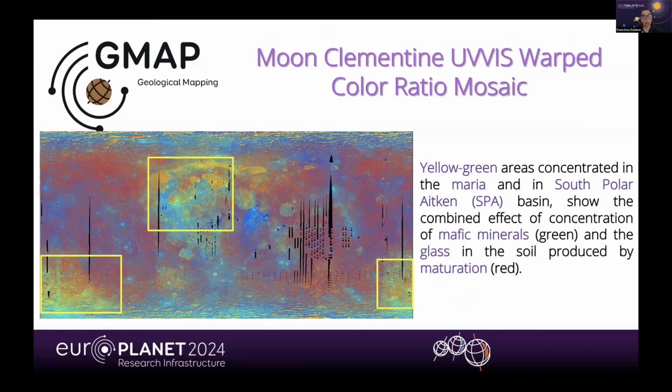Then we have yellow regions, and in this case the concentration of mafic minerals dominates, but it is not pure, because you also have a content of glasses, so in some way you see a combination of these two kinds of effects. You see this typically in the Mare, in the region I selected here, which is the Aitken basin.